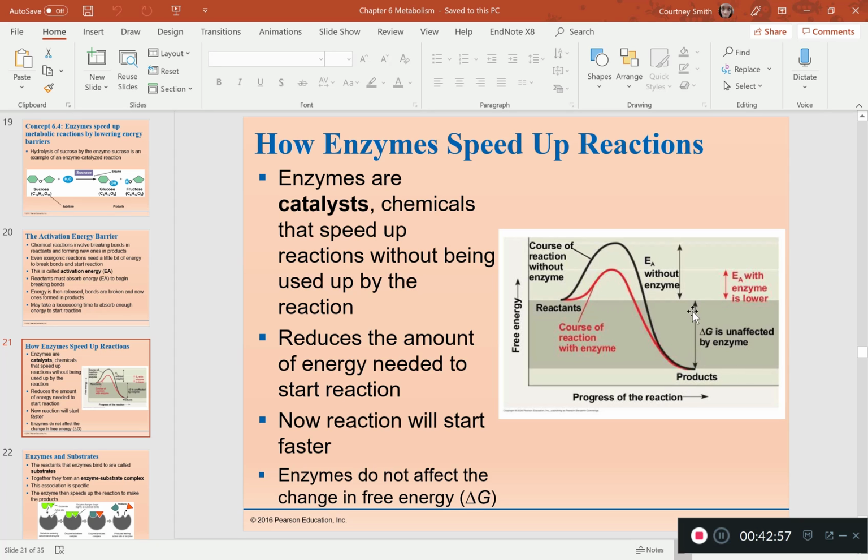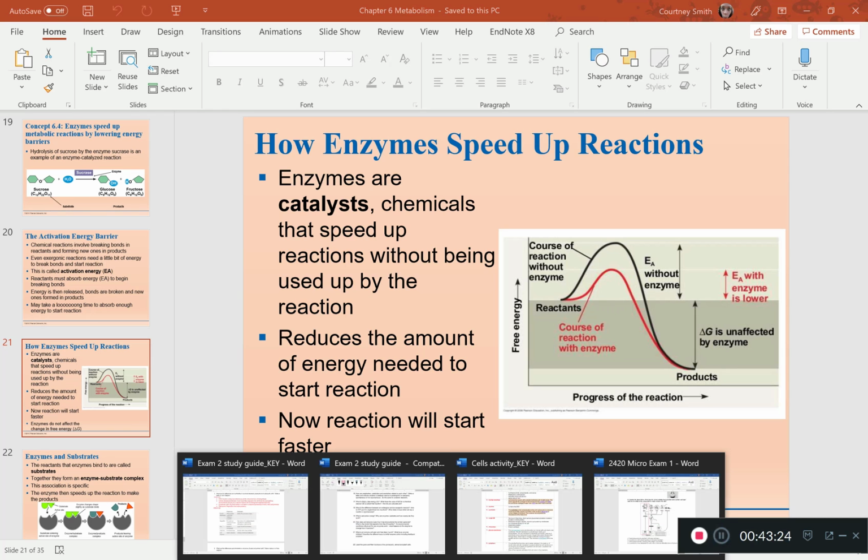As you see right here, this dark green tan looking color, it doesn't affect that. The only part that an enzyme will ever affect is the activation energy. Without an enzyme, it's higher. With an enzyme, it's lower. So be able to interpret the enzyme curve.